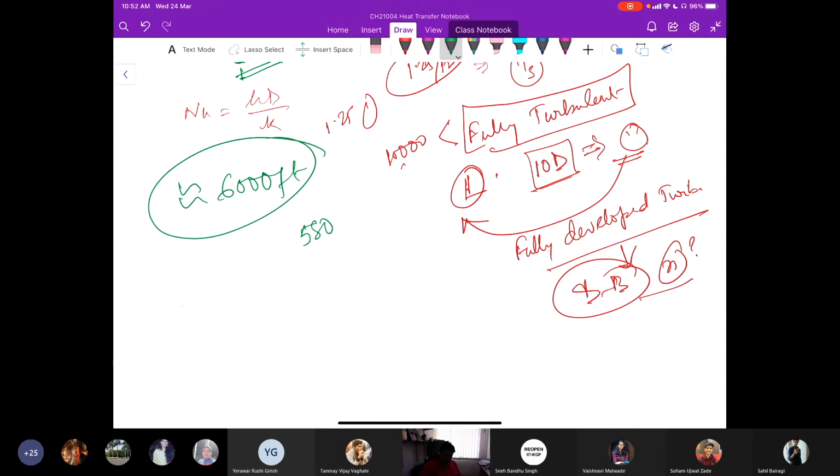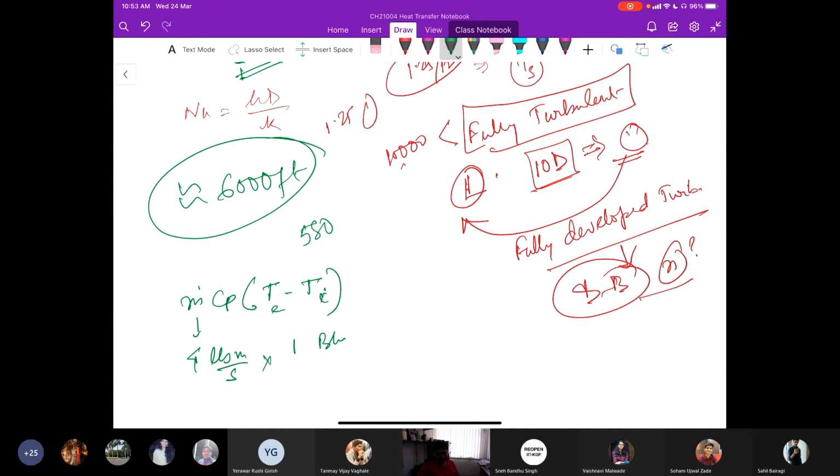If you are confused, I would suggest that you write T outlet minus T inlet. And then while writing m dot, you write clearly this kind of notation.